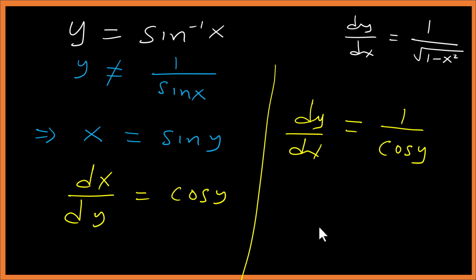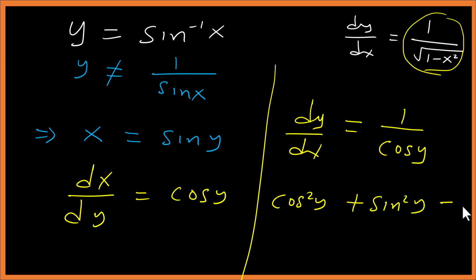All right, now we are to show that this one equals that. So let's build on this. Now let's record this identity: cos squared y plus sine squared y equals 1. So we can find cos y here. That will be cos squared y equals 1 minus sine squared y.